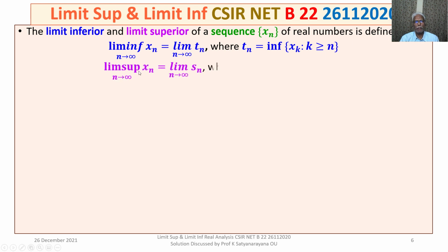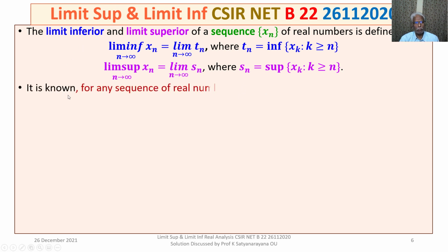Limit superior of x_n is equal to limit as n tends to infinity of s_n, where s_n is the supremum of the set of all x_k, k greater than or equal to n.